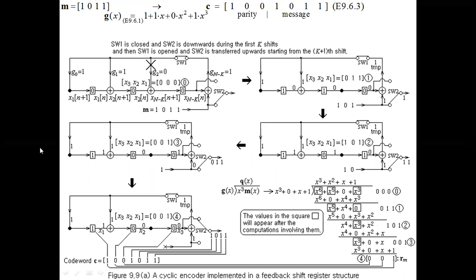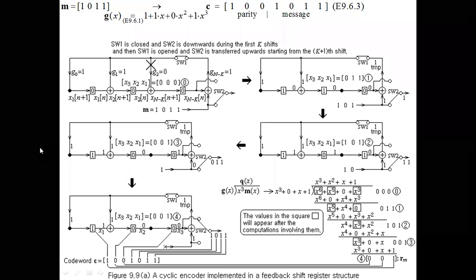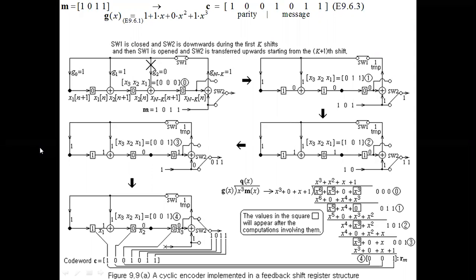That is 1. And the second shift register's input comes via the modulo 2 adder, so the connection is given from the modulo 2 adder. That is the g1 value, the x power of 1 value.